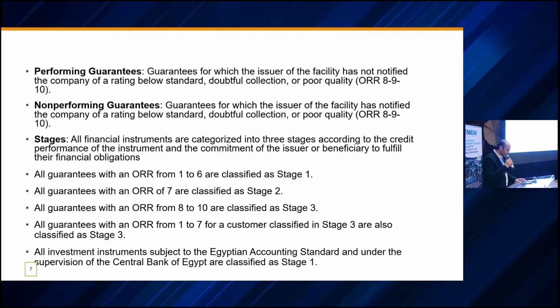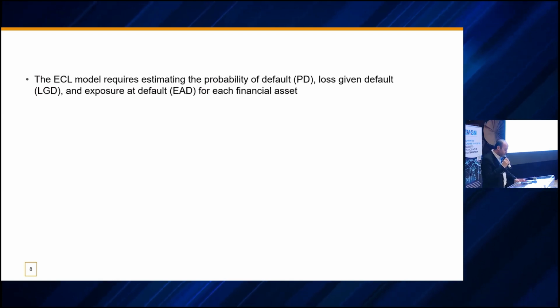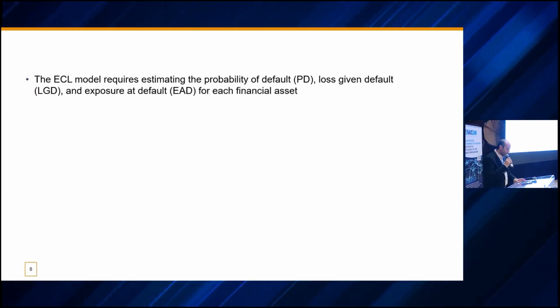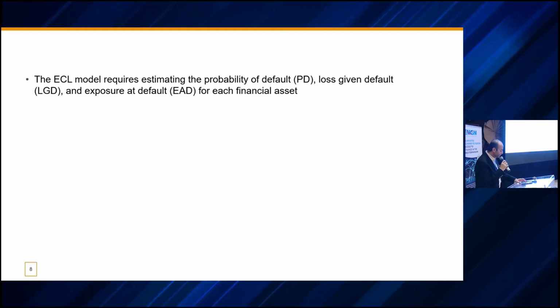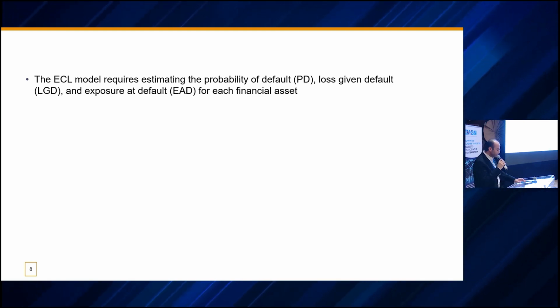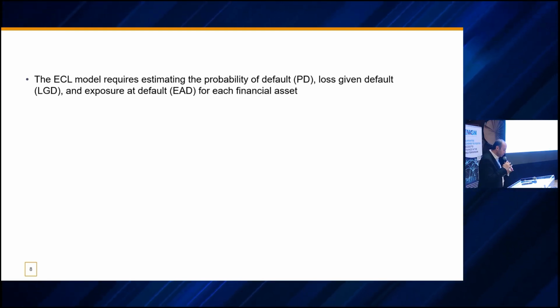Calculate PD and LGD for the individual guarantee product. First, we take into consideration macroeconomic factors like GDP and unemployment rate.